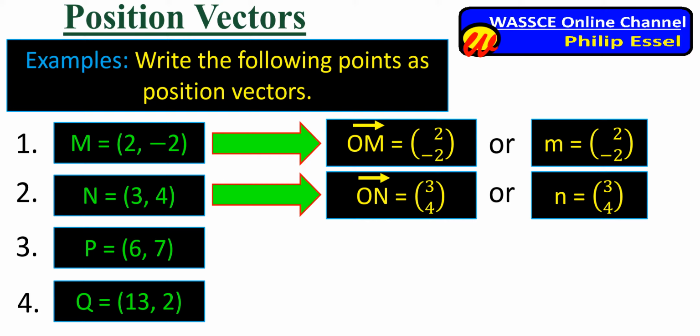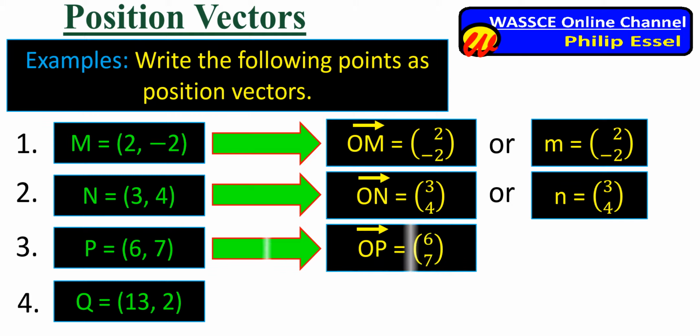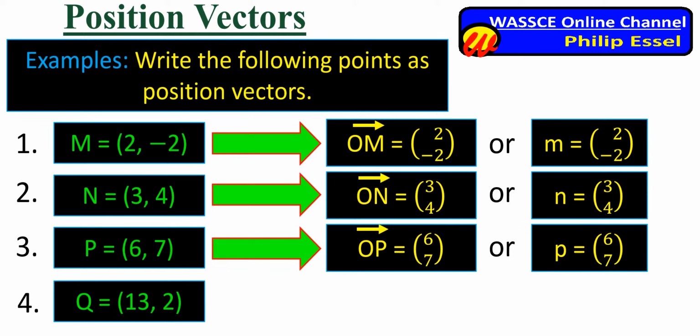Example 3. If we write the point P equals (6, 7) into a position vector, it would become vector OP equals (6, 7). This can also be written as the vector small p equals (6, 7).